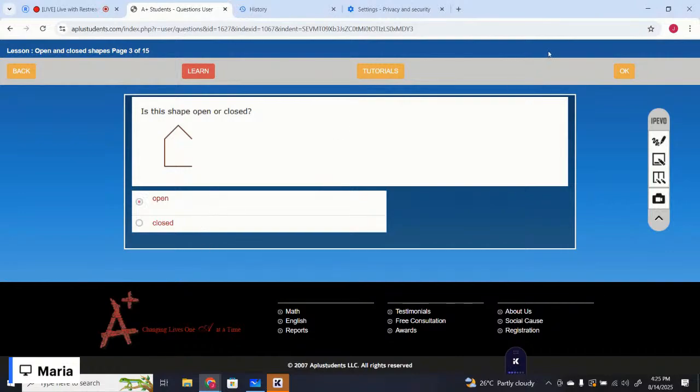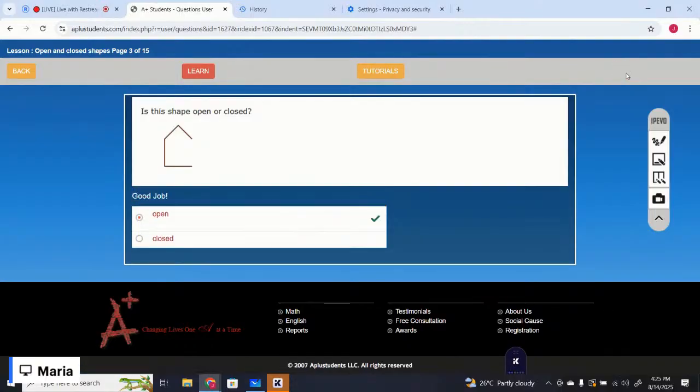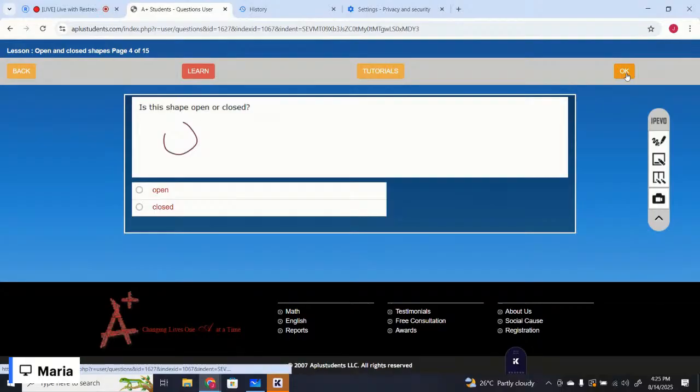Open shape it is. Option number 1 is the correct option. Is this shape open or closed? Open it is. Option number 1 is the correct option.